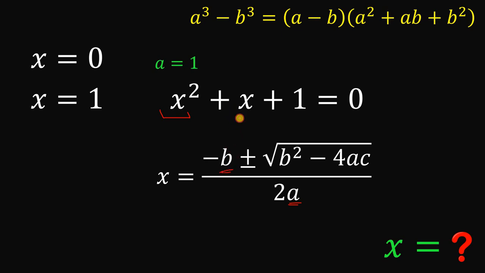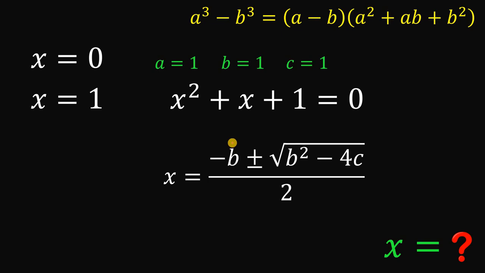Now, the value of b is the coefficient of x, which is again positive 1. And the value of c is the constant term, which is again positive 1. So now, let's replace all a with positive 1, and then all b with positive 1, and then c with again positive 1.